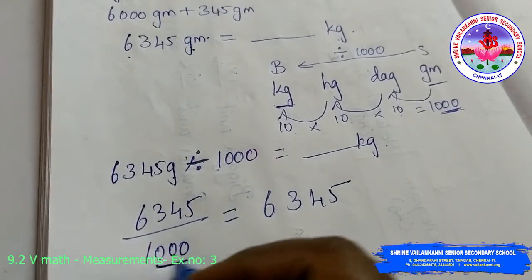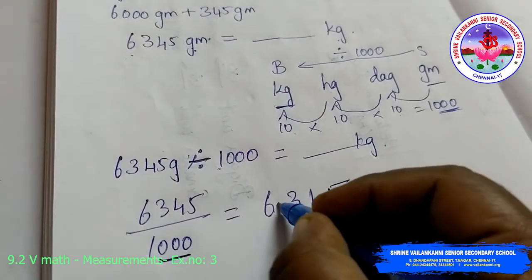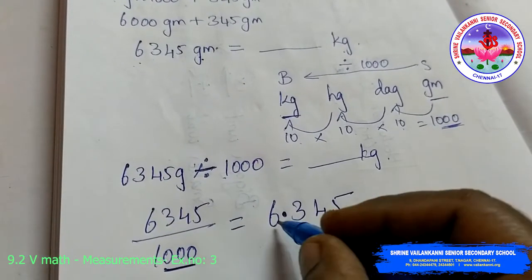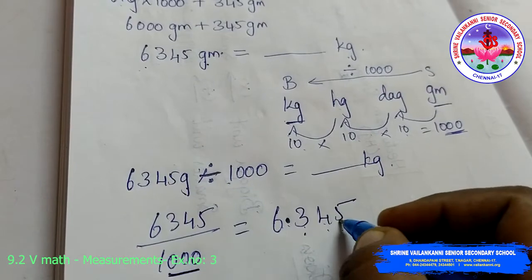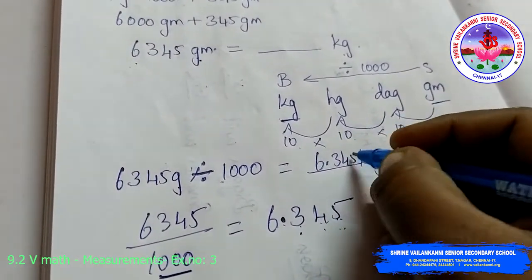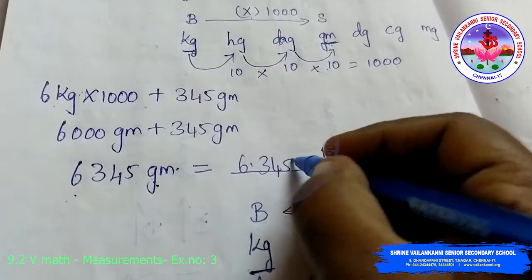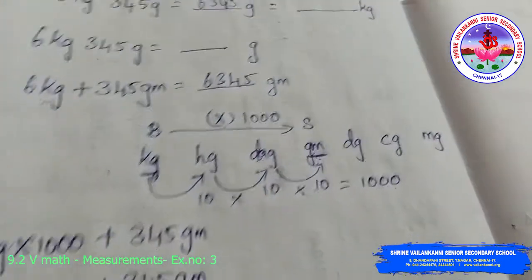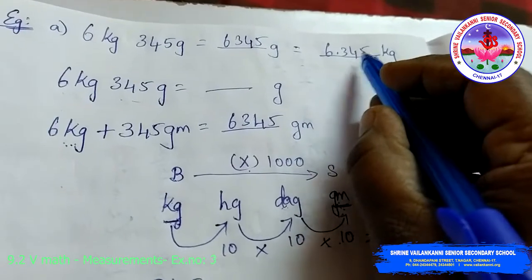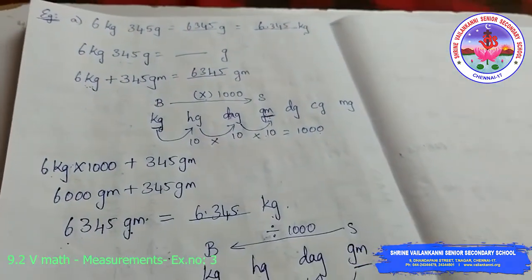There are 3 zeros in the denominator, so from right to left I have to move 3 places and keep a decimal. So now it is 6.345. The answer is 6.345 kilograms. Okay, so I hope you have understood. Thank you, children.